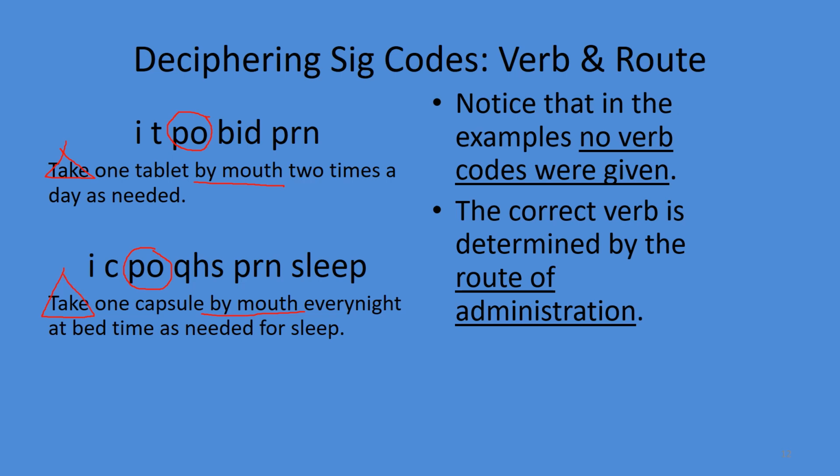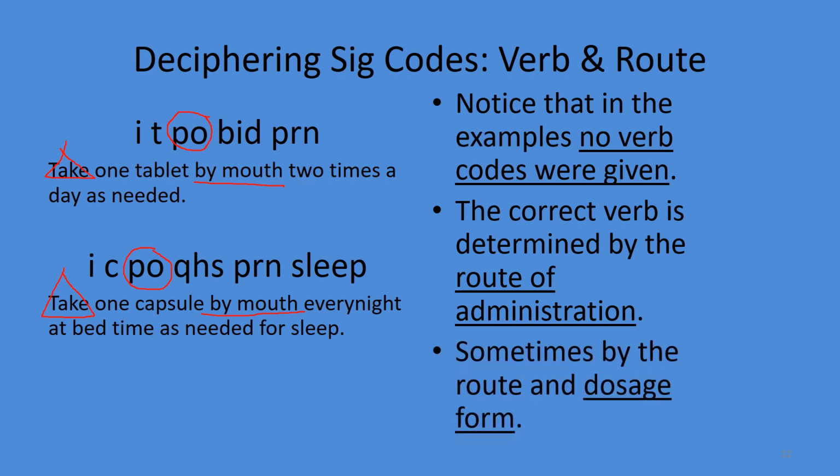However, sometimes there may be some ambiguity as to which verb to use. In that case, you want to take a look at the dosage form. So initially, the first thing you want to look at is the route, and then secondarily, look at the dosage form. And then the dosage form will determine the correct verb to use.